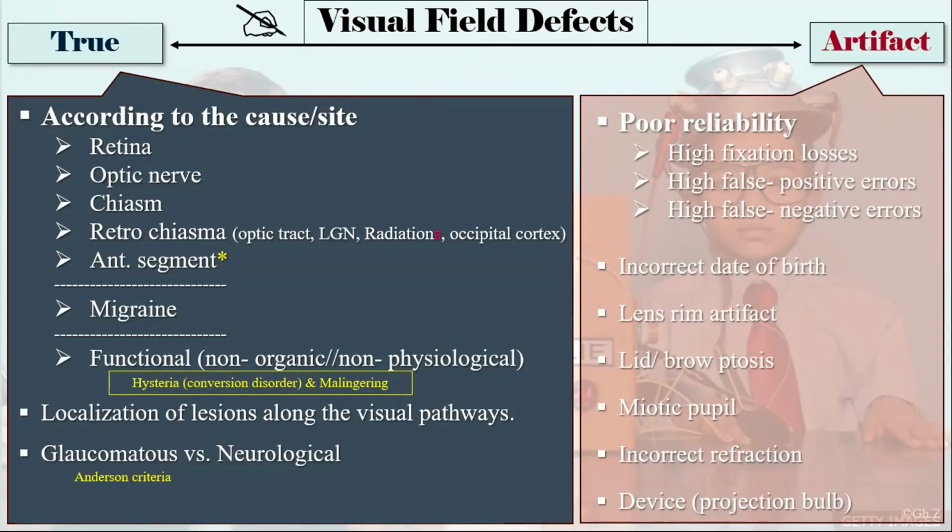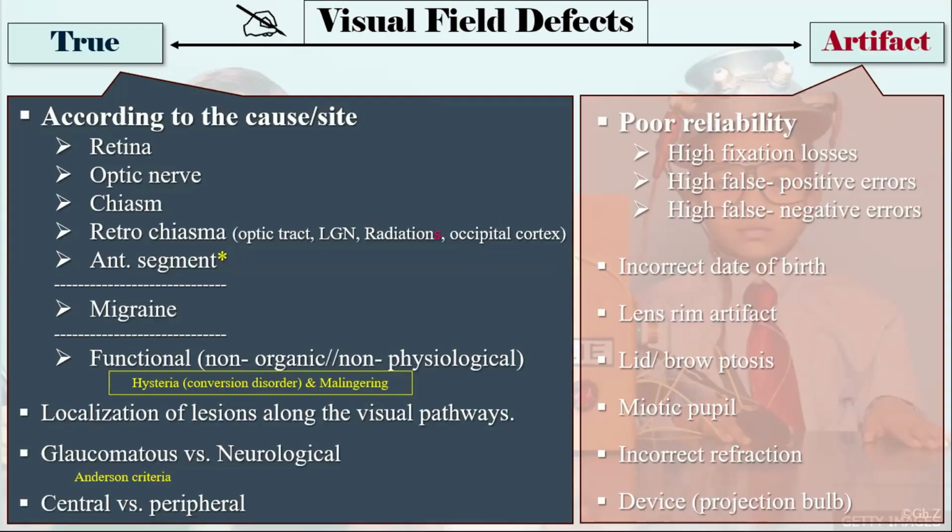Also don't forget to revise Anderson's criteria. We can also classify visual field defects as central or peripheral. I encourage you to review this classification and try to add additional information to this slide.